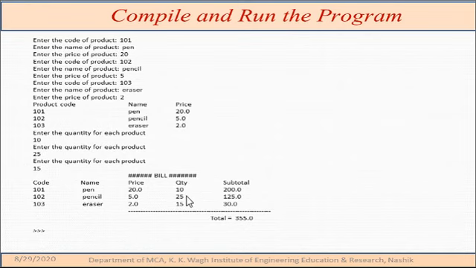Then the quantity we have taken from the users: 10, 25, and 15, and lastly it will calculate the subtotals: 20 into 10 is 200, 5 into 25 is 125, 2 into 15 is 30. Lastly it calculates the total of that amount, that is 200 plus 125 plus 30, which gives 355. Likewise, if we run this program, then we get the output.